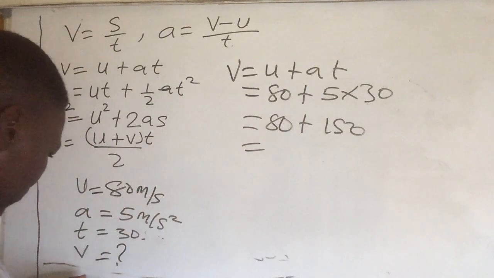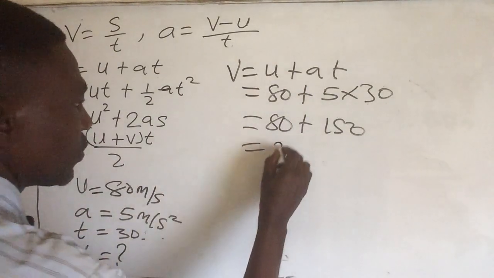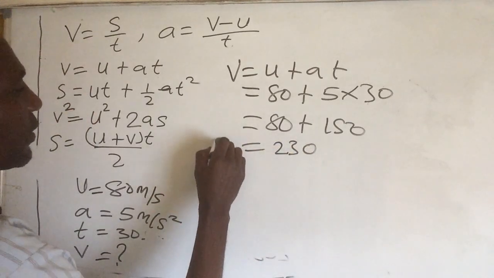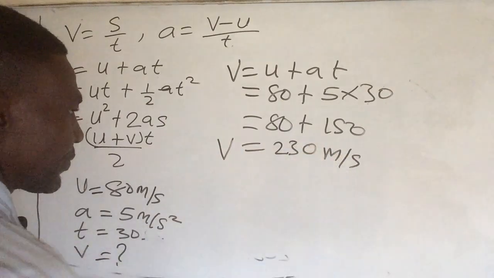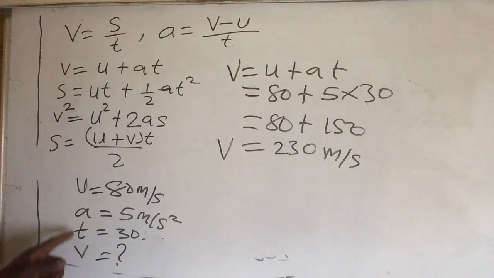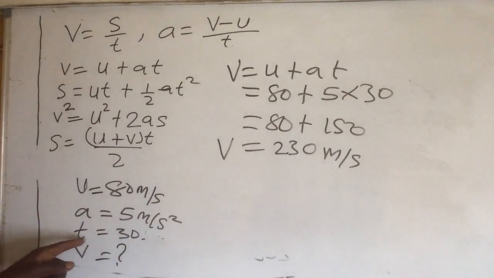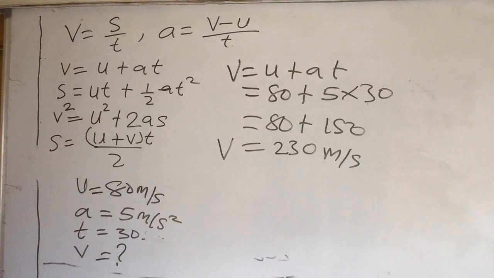And when you add 150 to 80, it will give us 230. So the final velocity will be 230 meters per second. So that car moving with initial velocity and a uniform acceleration of 5 meters per second square, after 30 seconds, the speed of the car will be 230 meters per second.